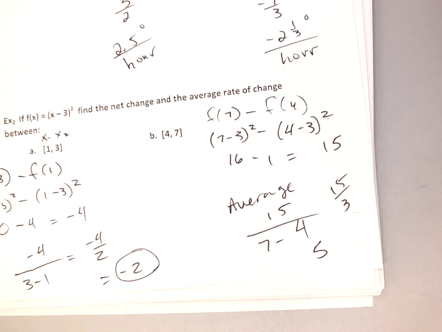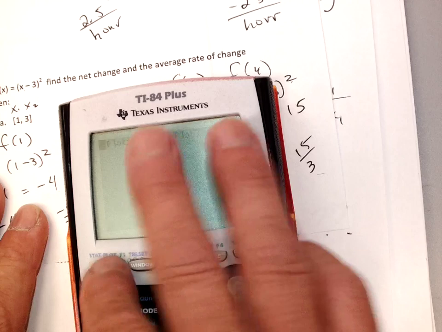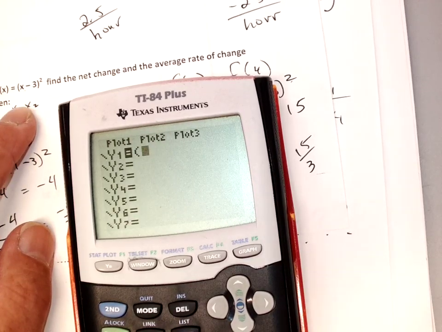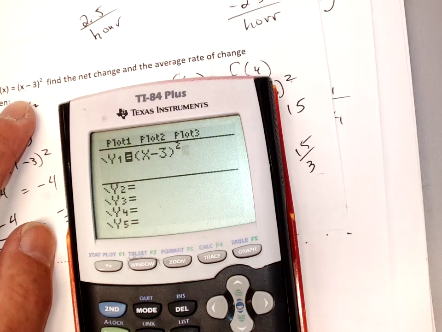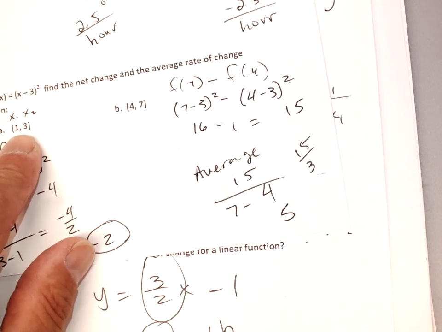Now what I really want to do is take this graph and look at it, okay? One way to do it is to put it on a calculator, because it's faster. Let me show you what we got going, because you need to understand what is going on. So I've got my parentheses, I've got my x minus 3 squared, right? My window, we're only going between 1 and 7, right?